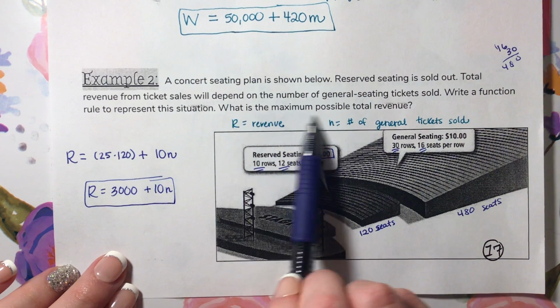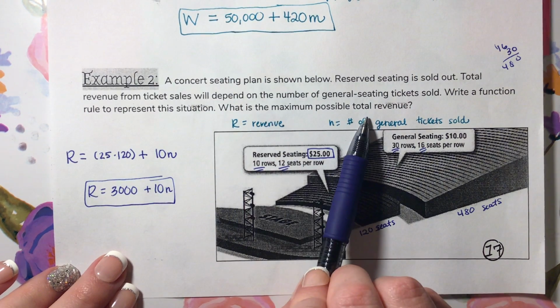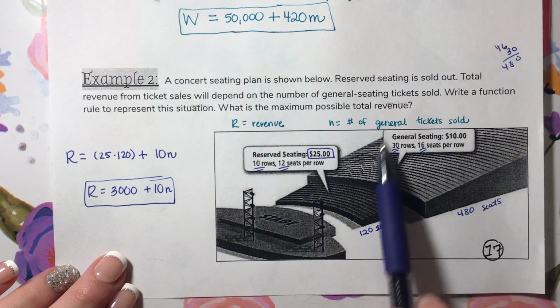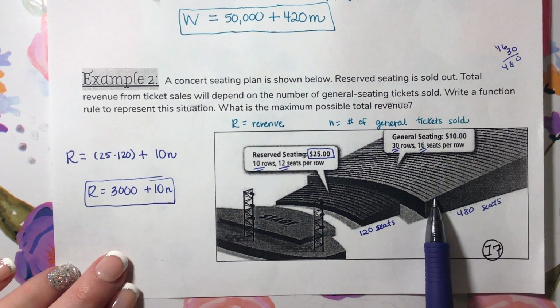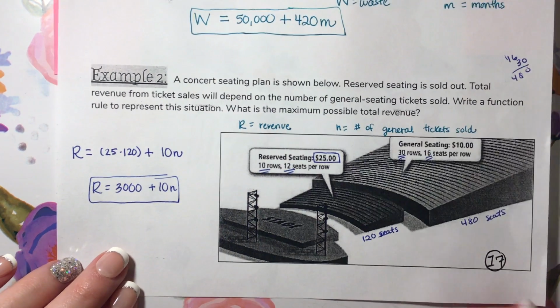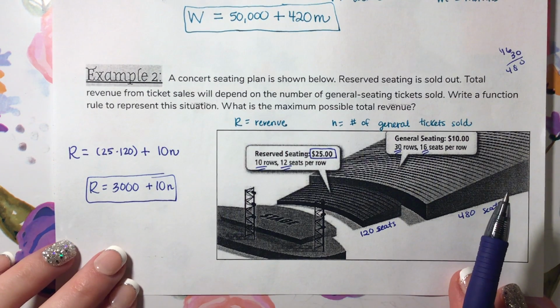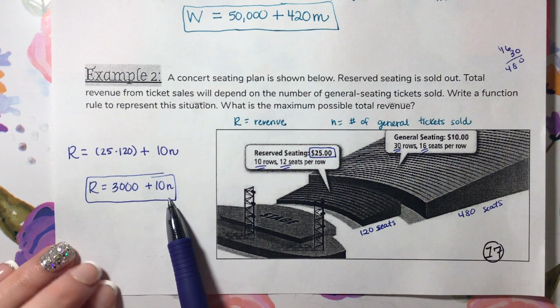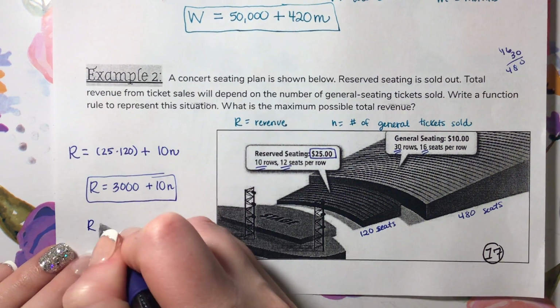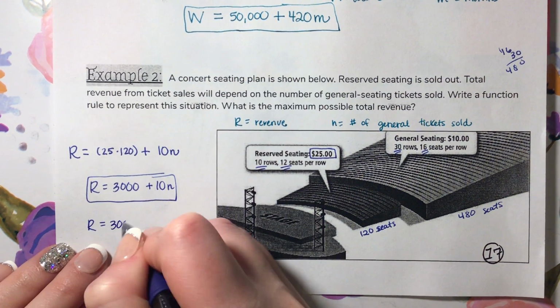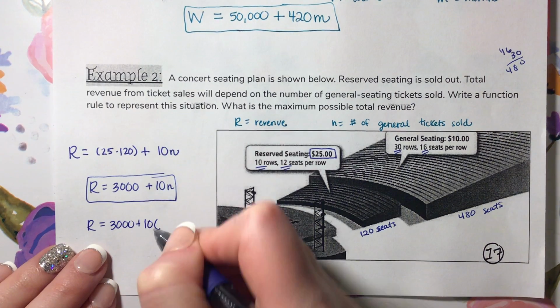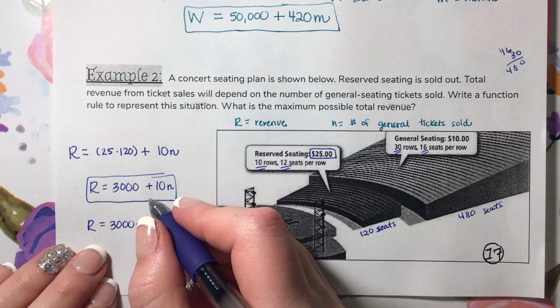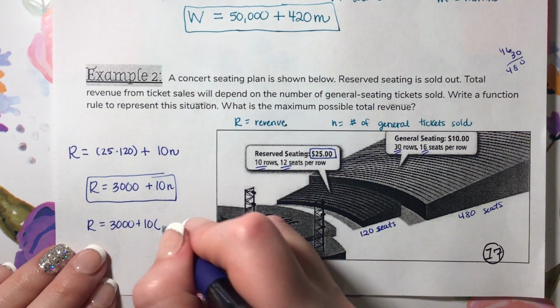Now it does say what is the maximum possible total revenue. That would be if all of the seats in the back are filled, or tickets were purchased for every last seat. So I'm going to take this 480, substitute it in for N, and that's what we should get. So R is equal to 3,000 plus 10 times 480.